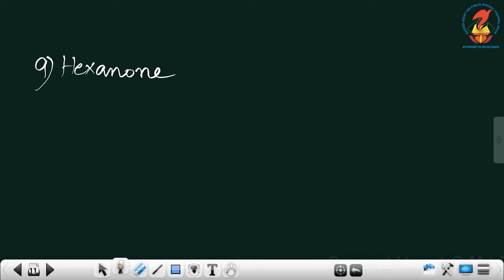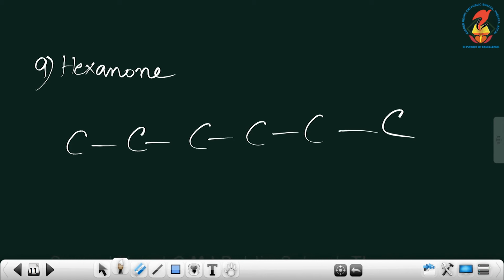Hexanone. How many carbons are there? 6. All the bonds are single bonds. After hex it is AN, so all the bonds are single bonds. Then the functional group is ONE. So one of the carbons in the middle should be converted to the ketone functional group.